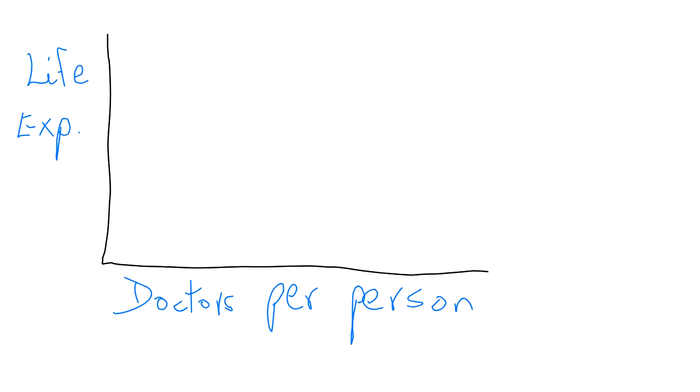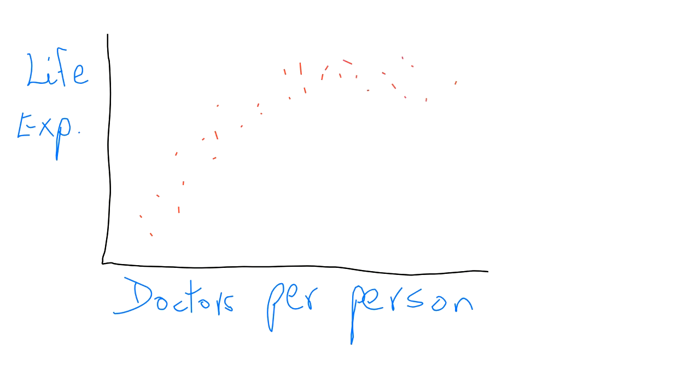The X values are the number of doctors per person in each country. So I'm going to have 40 countries, so I'm going to plot those 40 points, and it would look something like this. I'm just plotting it here, not very accurately, but this is the idea.